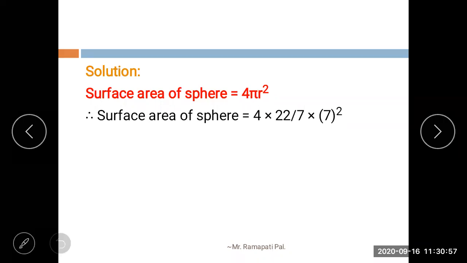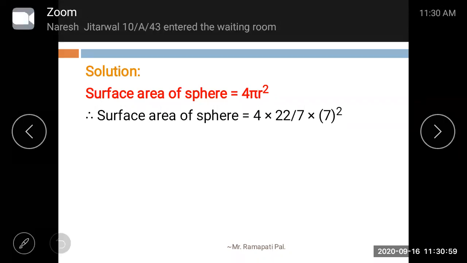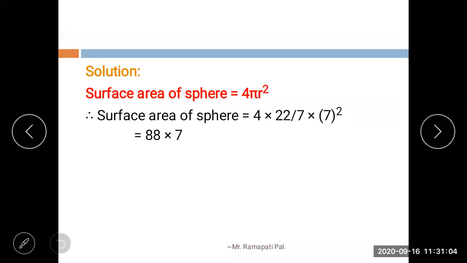So 4 into 22 is what? 88. 88 into 7. So what is 88 into 7? That is 616 centimeter square. So you have understood? Sure? Good. Very good. I'm happy that you understood.